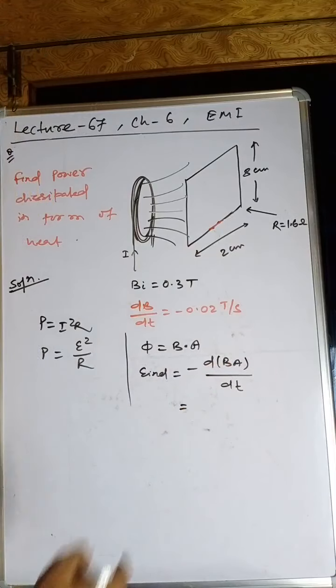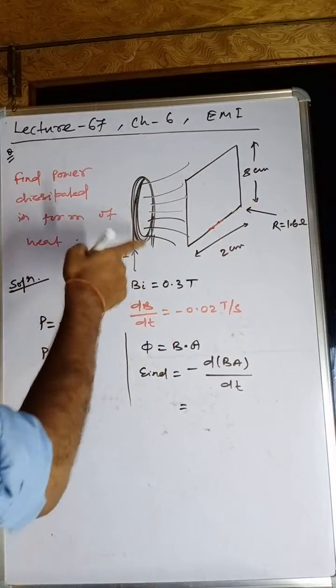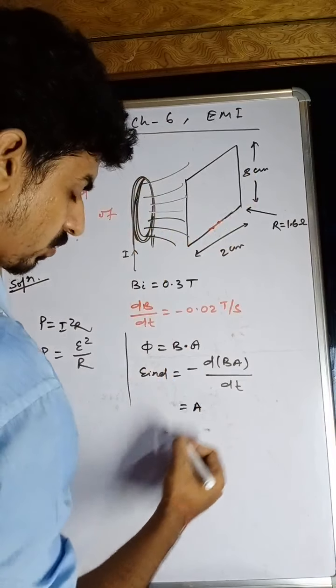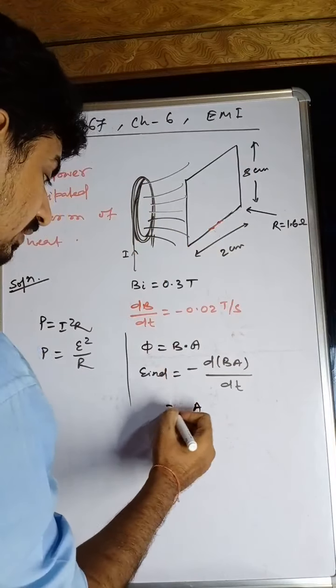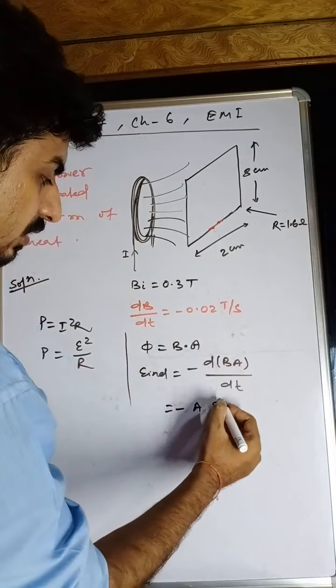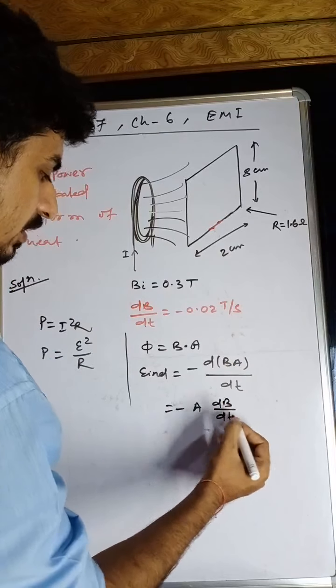Here remember, the coil is constant, it is not moving, but the magnetic field is changing. That's why the flux is changing and EMF is induced. Here A is constant, so I take the minus sign; A is constant, but the magnetic field is changing, so dB by dt.